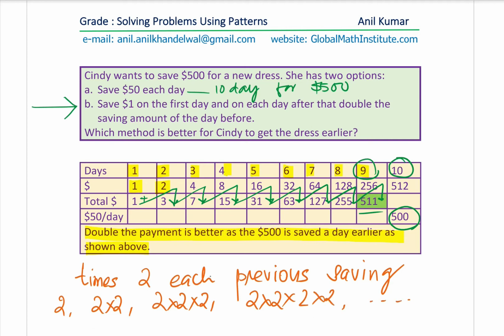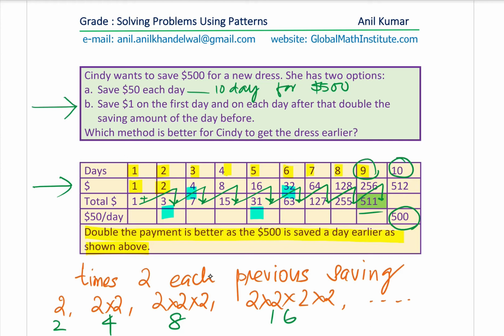So these numbers are 2, 4, 8, 16, and so on. Do you see these numbers here? And when you add them up, what numbers are you getting? Notice these numbers also, very important to notice. See how they are interestingly linked. So every number here is just one less.